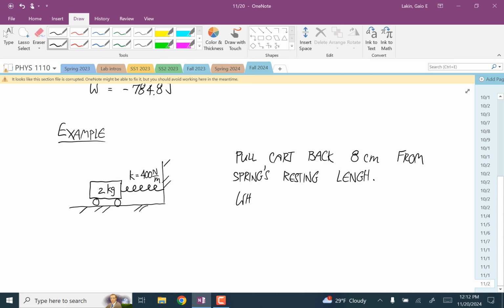So what's the speed of the cart when it passes the spring's resting length?